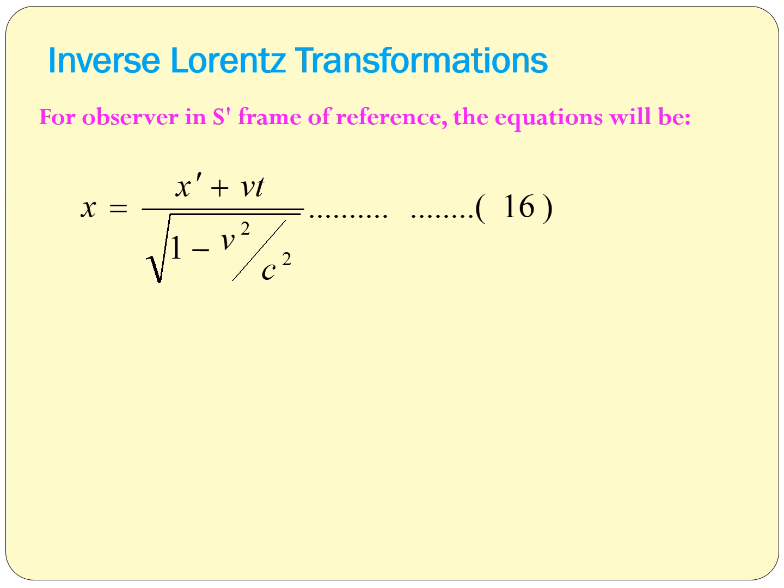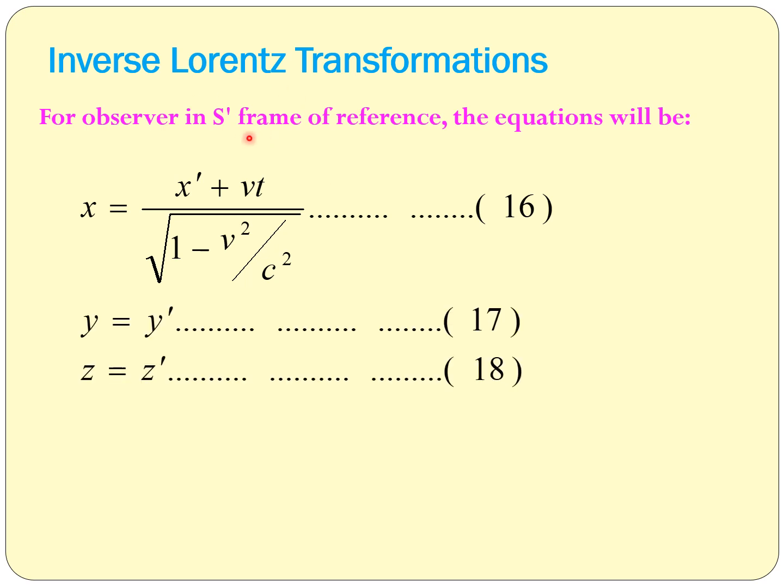So these are the general transformation equations that can be applied to any kind of velocities. And the inverse Lorentz transformation is for the observer in the S prime frame. Then x will look like x prime plus bt; we only have to replace b by minus b.